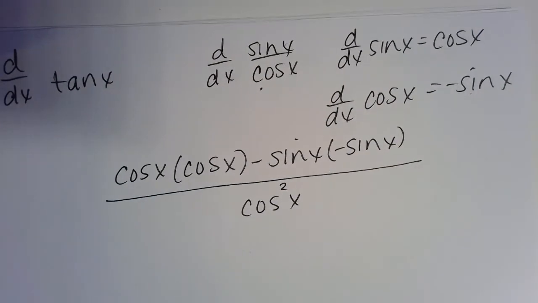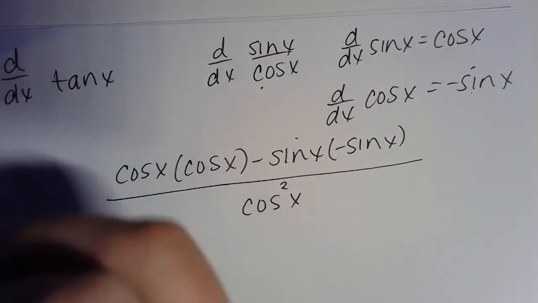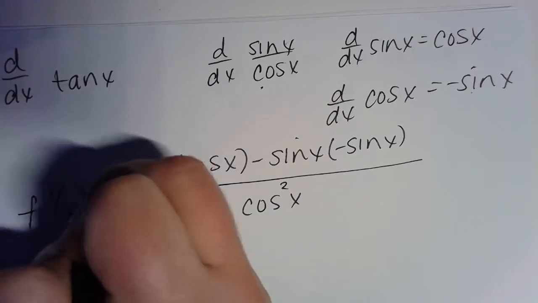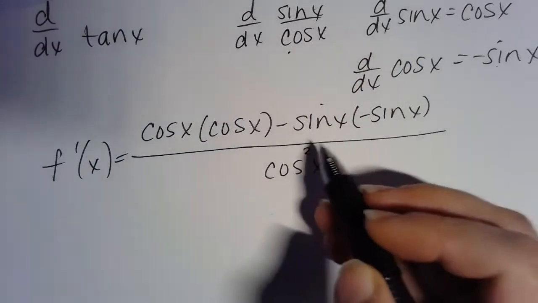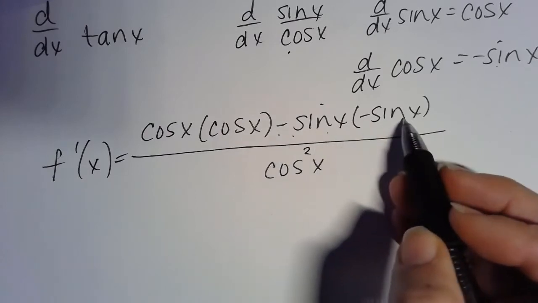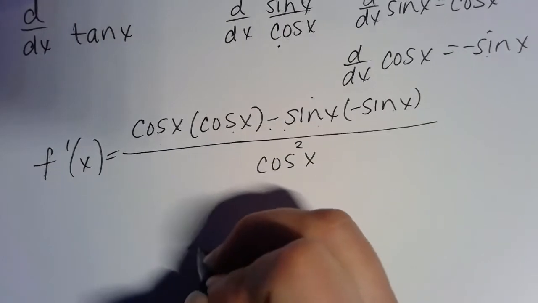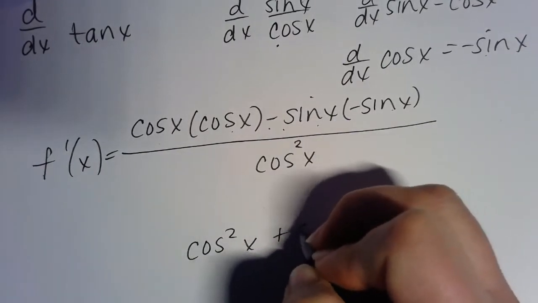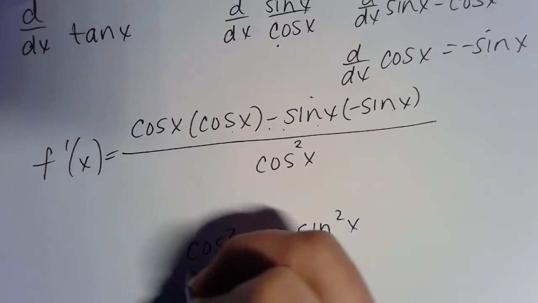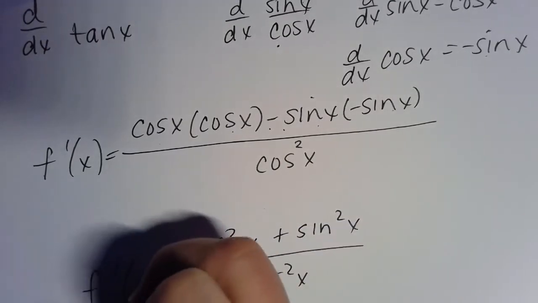Okay, so on the top, I'm just going to call this f prime of x equals, I don't like it just floating around. So on the top, this is minus sine times minus sine. Now this is cosine times cosine, so this is cosine squared x, and then plus sine squared x over the cosine squared of x. Here's my f prime of x.